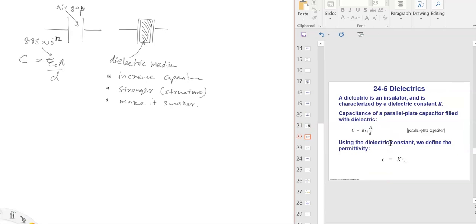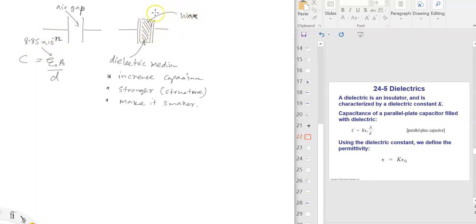So when you put something in between, let's say you decide to put some wax kind of material, candle wax kind of thing. This number changes.